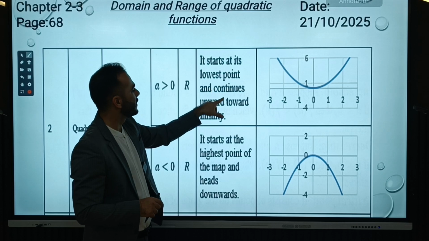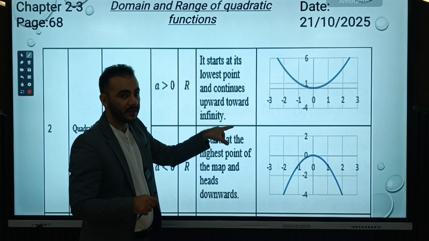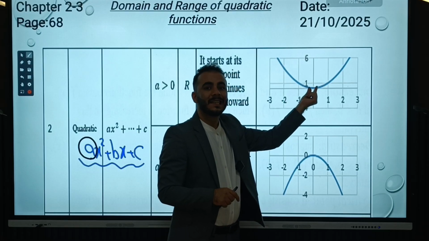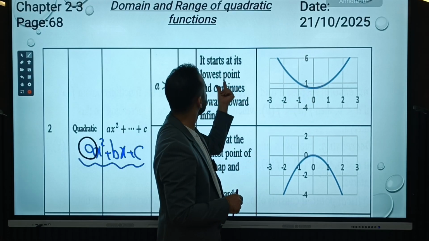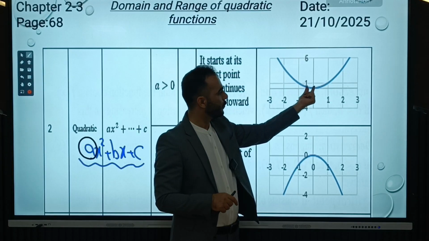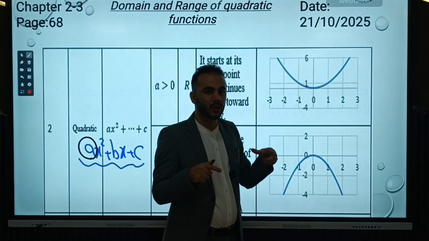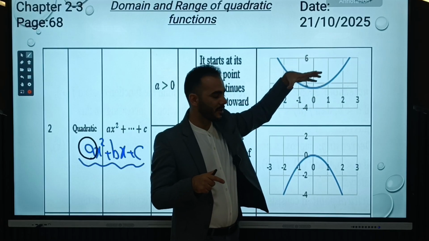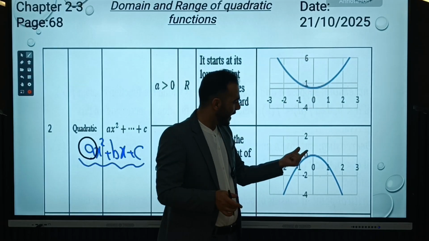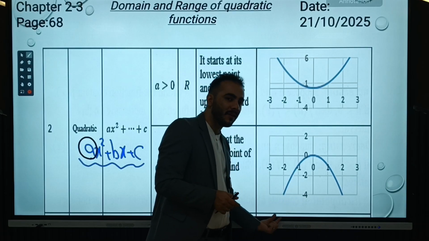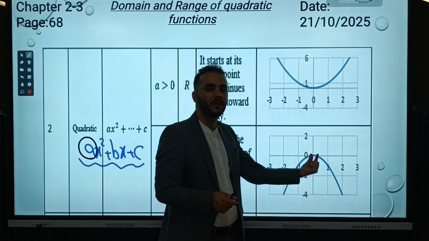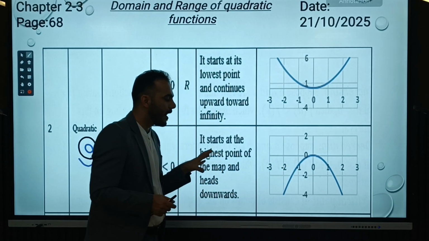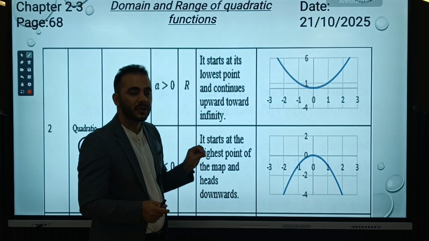If it opens up, it starts from the lowest value, based on the parent function of the quadratic function. The range is from 0 to positive infinity. But if it opens down, it's from negative infinity to the greatest value, which, based on the parent function, is 0. But as I said, we have different examples, and it's going to change the story regarding the range of the quadratic function.